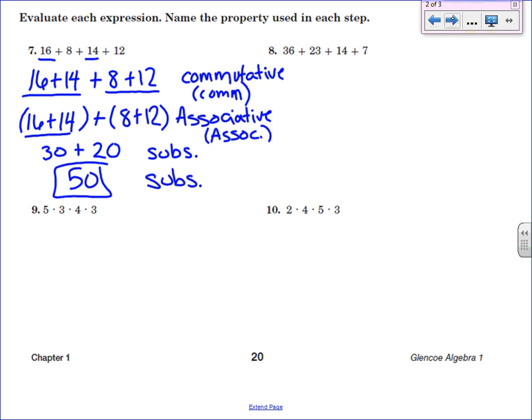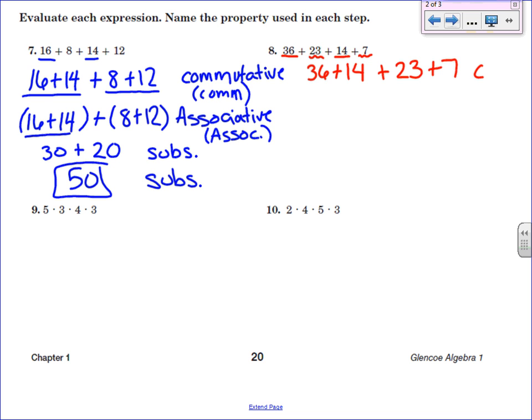All right, number 8. Again, if I see something that ends in a 6, I'm looking for something that ends in a 4, because those are going to end up being nice 10s. So I'm going to put 36 next to 14. And 23, I'm hoping has a 7 to go with it, and it does.